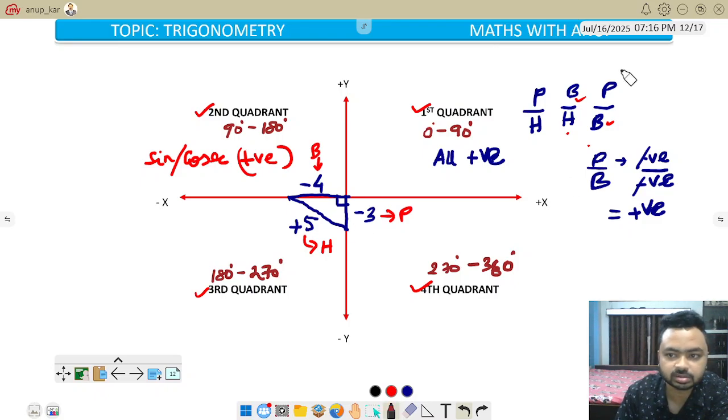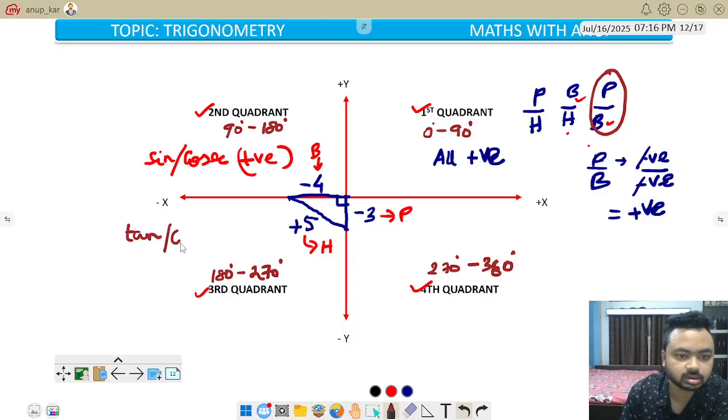So this ratio is the only positive one in the third quadrant, so either tan or cot is positive. I hope it is clear.